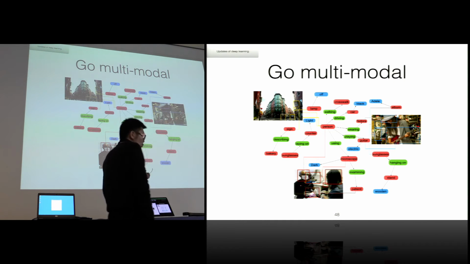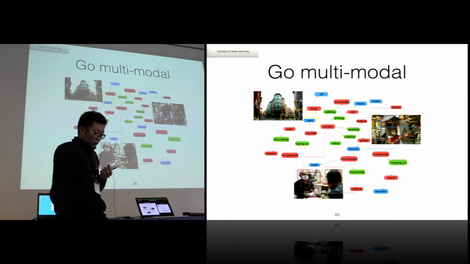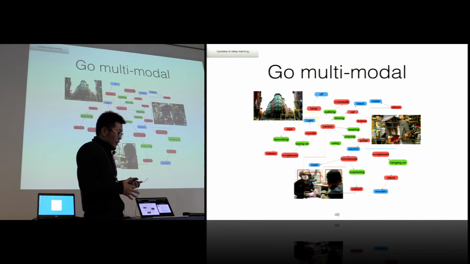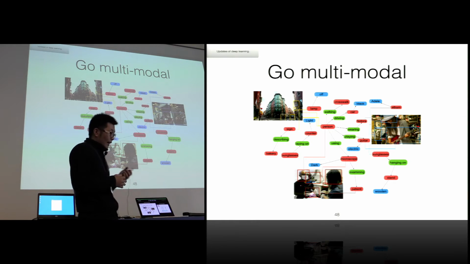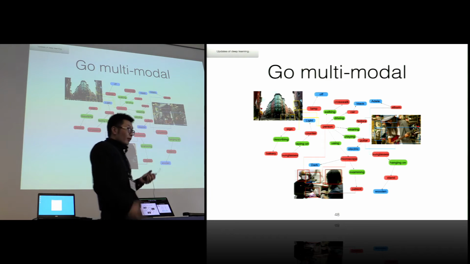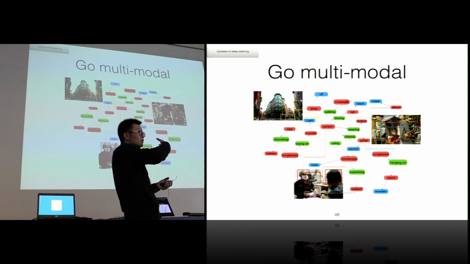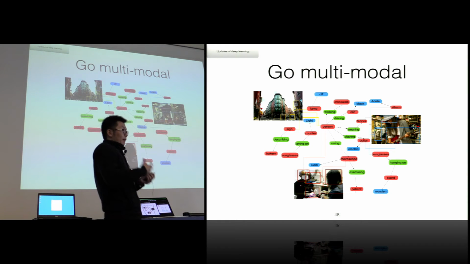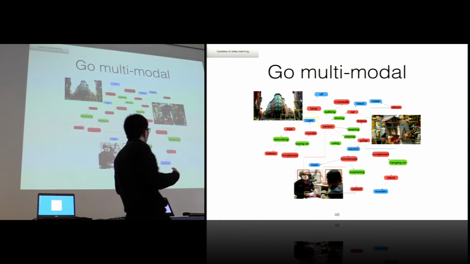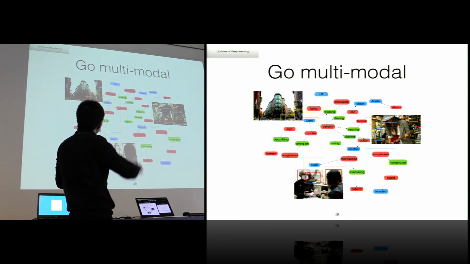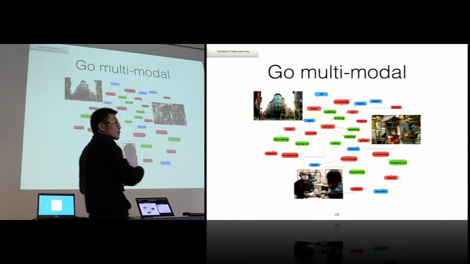Also, another trend is going multimodal. Multimodal means you do not only want to model an image, but you also want to model others, like languages or audio. You want to model them together like a human. We get input from images, and also audio signals, which might be better for you to learn fast. So here, in this image, you not only recognize the objects in the picture, which is kind of easy, no?